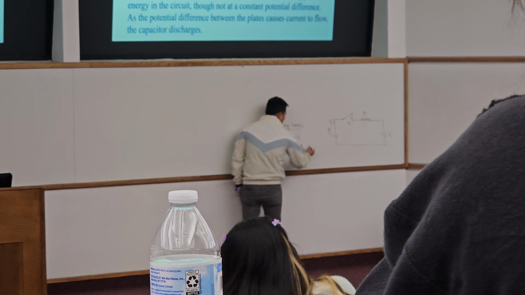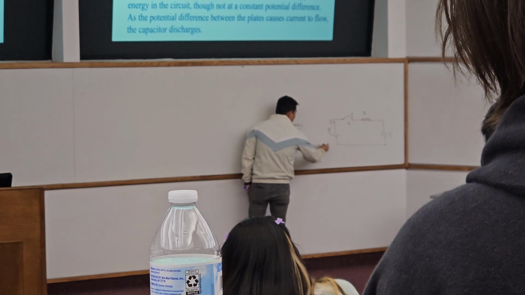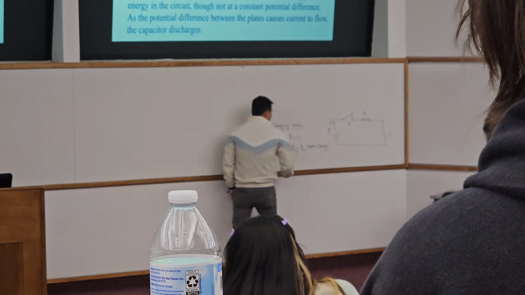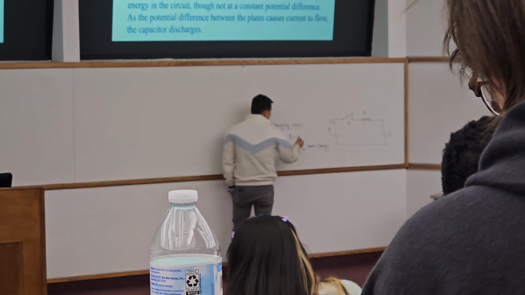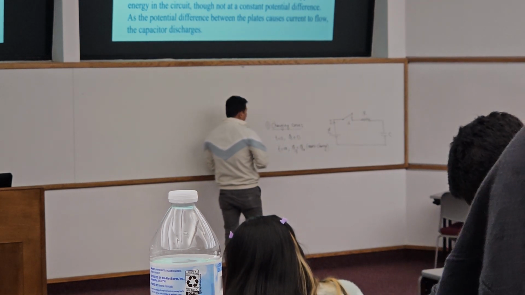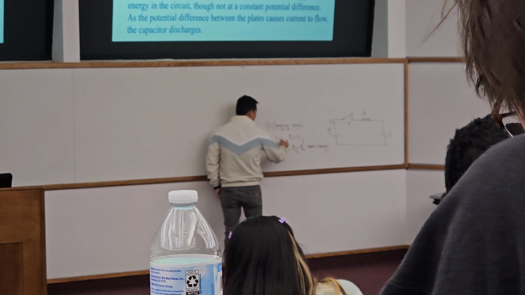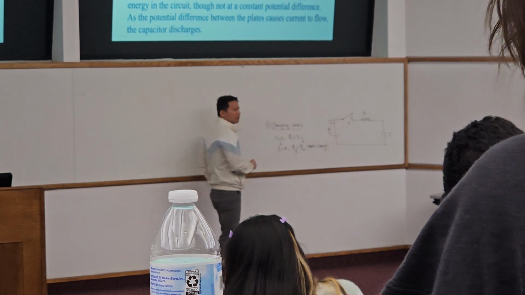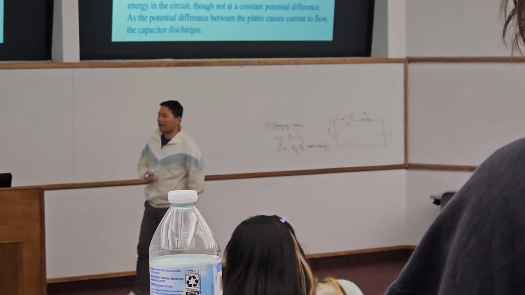Q0 is the maximum charge. So this is the behavior: your capacitor is charging up if you wait. It's called the charging case, and we learned about it in the last lecture.